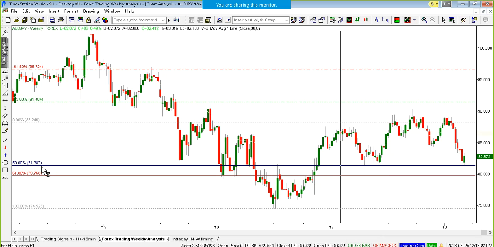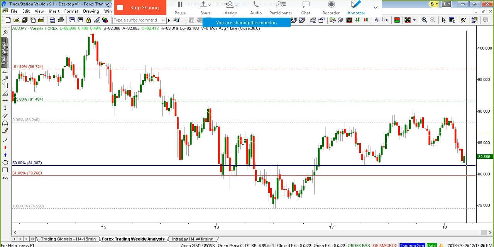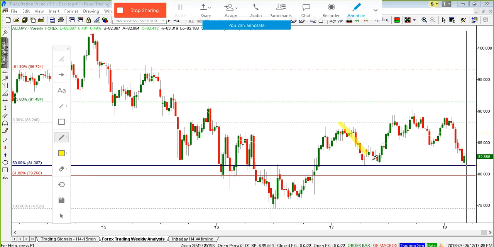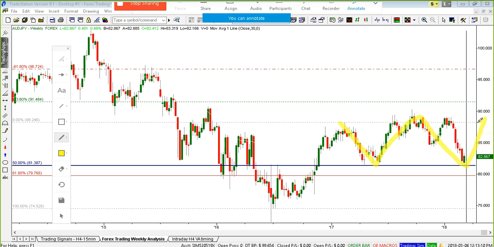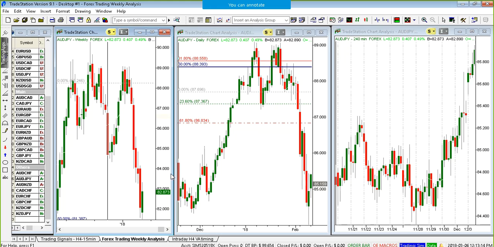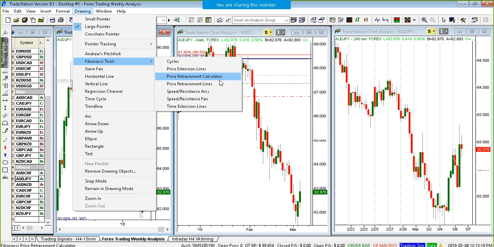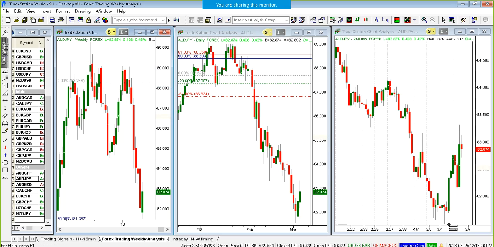But if we stick with the 81.40 area here, that level has been retested. So this is a range bound market, and now we could actually see a move higher in this market, and that move has started already here.